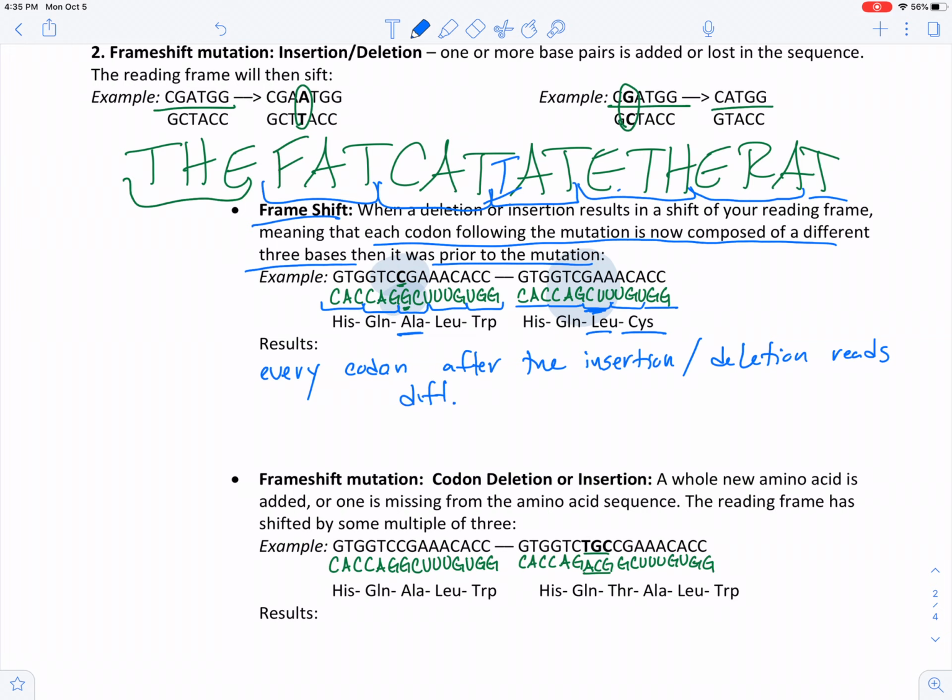So therefore, I'm going to have a different amino acid sequence. And if you have a different amino acid sequence, likely that means that it will fold differently. And if it folds differently, it is most likely going to be non-functional.